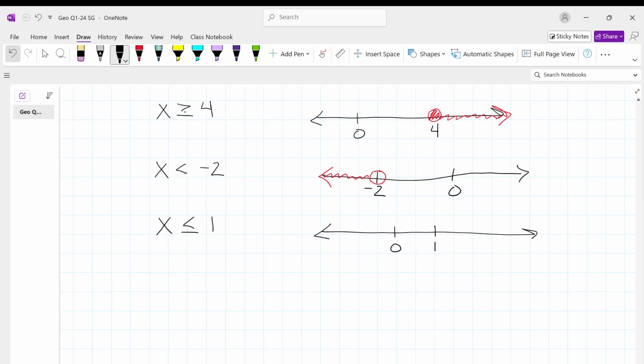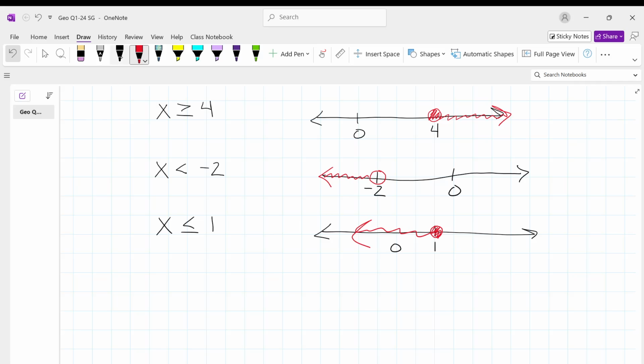Now, just like greater than or equal to is a closed circle, less than or equal to is also a closed circle, and we're shading everything to the left. Review, right? For the most part. All right, so when you're graphing your solutions today, that's what you're going to be doing.